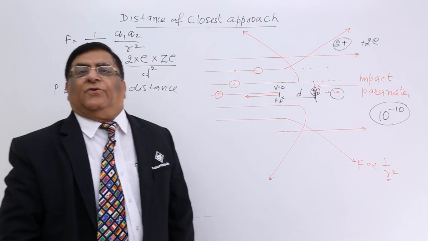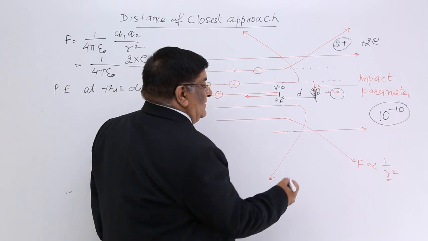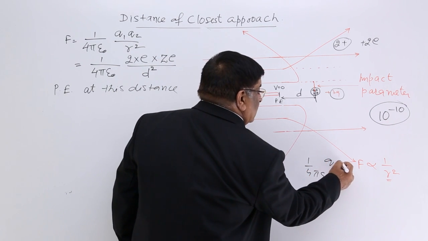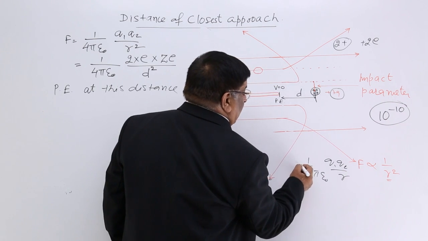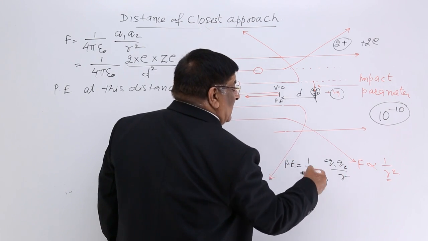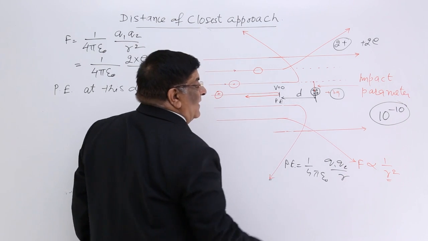You remember the formula for potential energy between the two charges: 1 upon 4 pi epsilon naught q1 q2 upon r. This is the potential energy formula, same as force, but the power of r is 1.